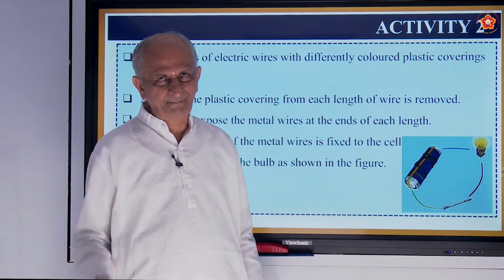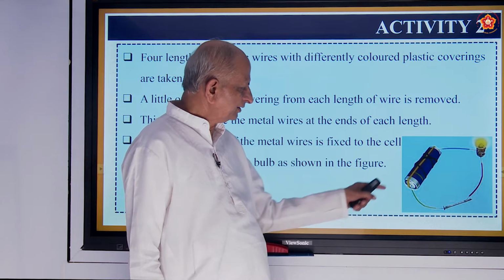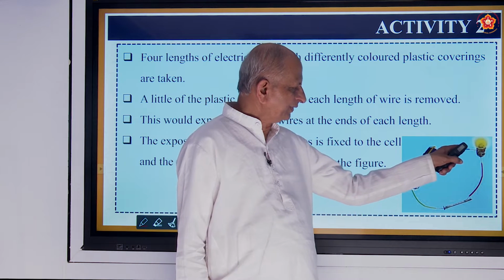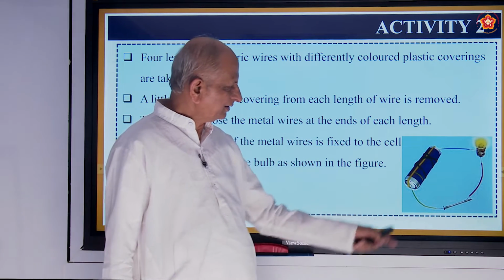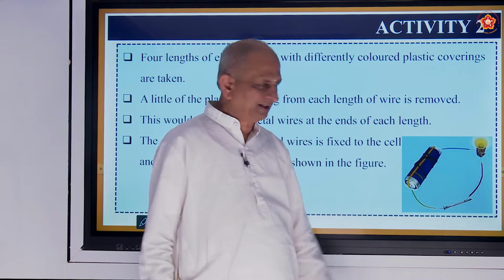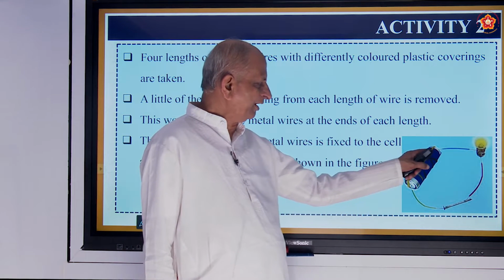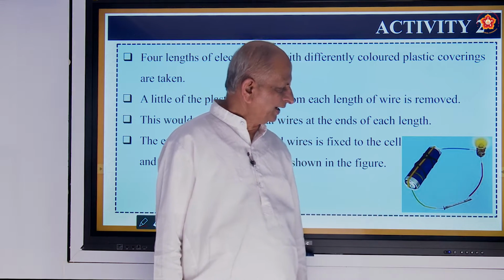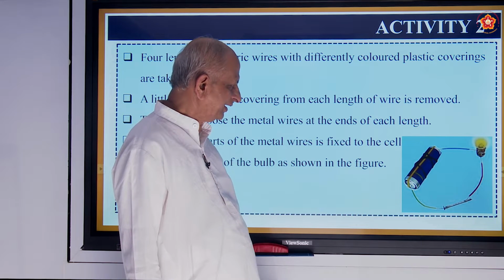You can try it, a very simple experiment. The ends of these wires should be sharpened, or the rubber skin that is there should be removed. Why should it be removed? Because there will be copper wire inside, and when it touches this cell, it gives current.